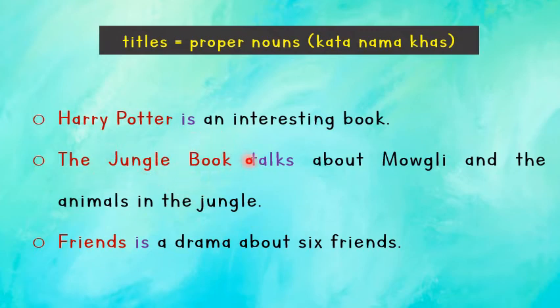Memanglah belakang pun book, tapi ini adalah satu tajuk. So, we use singular verb. Okay, Friends is a drama about 6 friends. Friends, plural ni, tapi dia tajuk. So, we use singular verb.